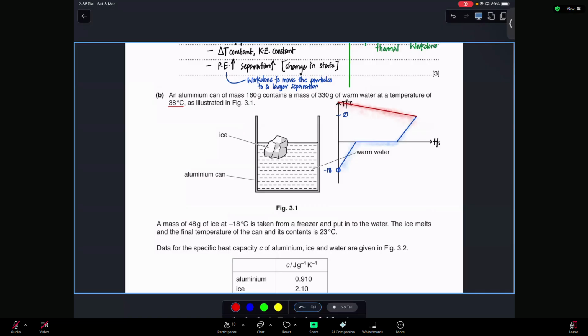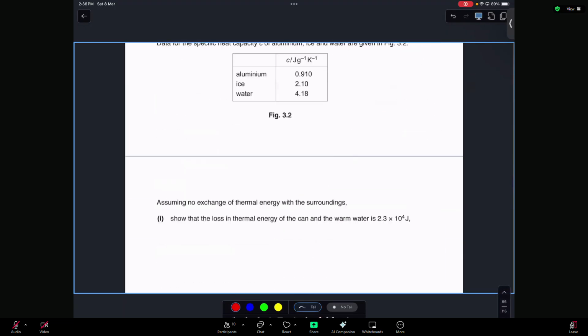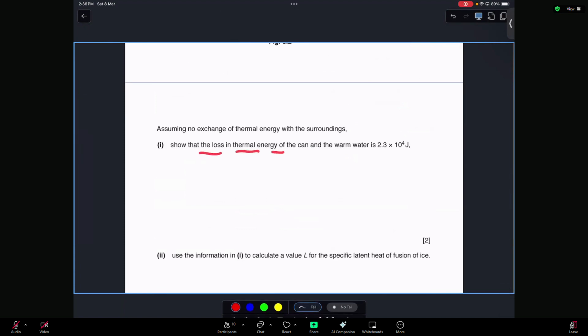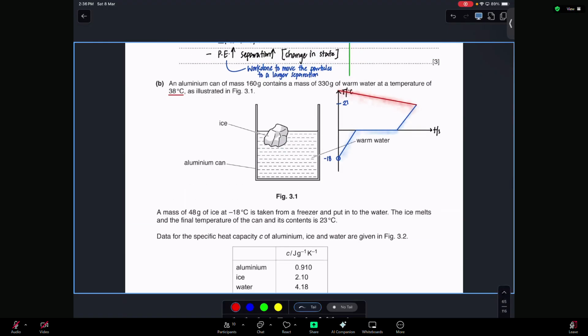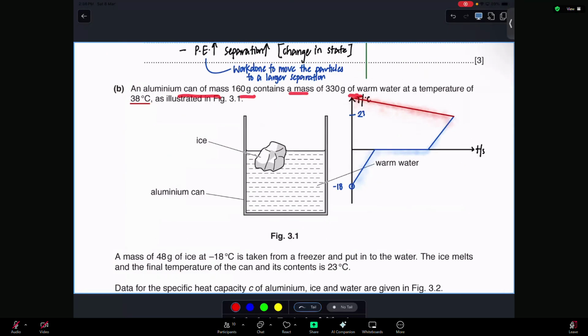Yeah, it should be 38. না, করতেছি মনে হয়। এই যে show the loss of thermal energy of the can. আচ্ছা দাঁড়াও, একটু দেখি না ওরা কি ইনফরমেশন বলছে। But you know, if your aluminum can is this mass and warm water at that temperature, I think the can should be also 38 degrees Celsius. That makes sense.